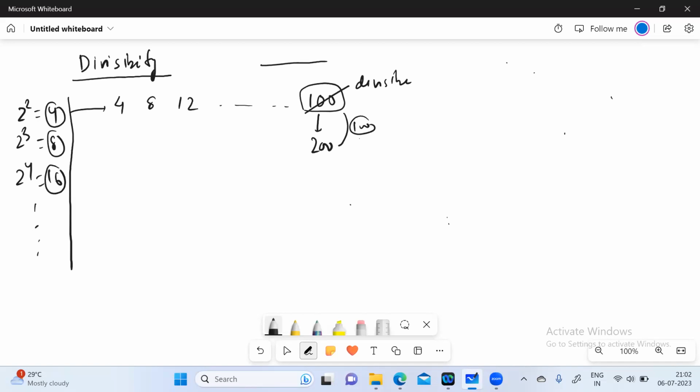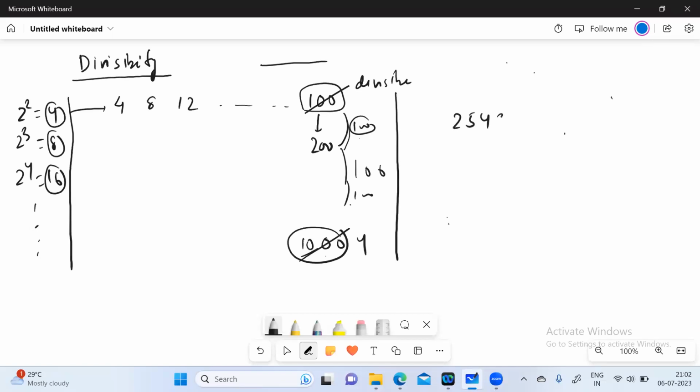Even 10,100, where we are moving in terms of 100 only, will get divided by 4. So for any number like 25436, I will divide it into two parts: 25400 and 36.